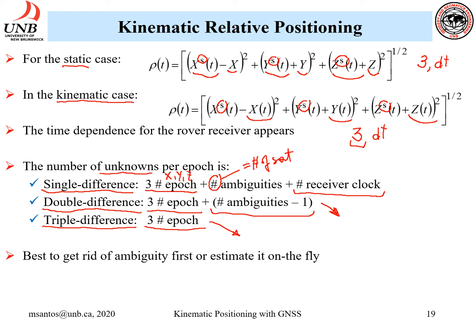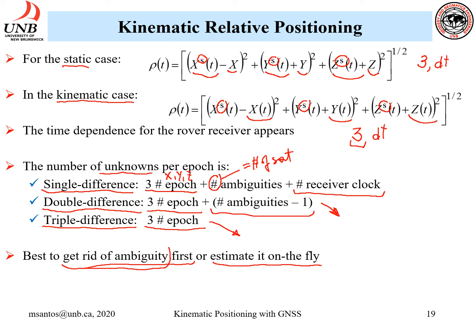Okay, so in real time, things are messier. We have to estimate ambiguities on the fly as we move, or we have to get rid of the ambiguities. So if you want to estimate the coordinates x, y, z without ambiguities, we can just use a triple difference.